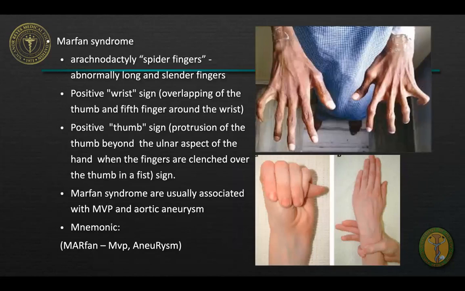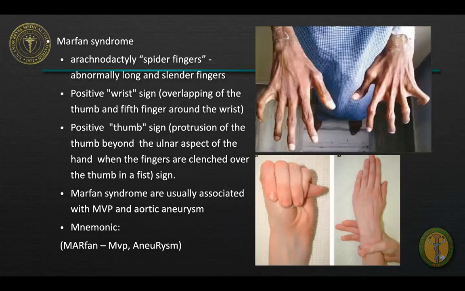Another disease with skeletal manifestation is Marfan syndrome. It presents with arachnodactyly, or your spider fingers. These are abnormally long and slender fingers. When you do an examination, like the wrist sign, you overlap the thumb and fifth finger around the wrist.